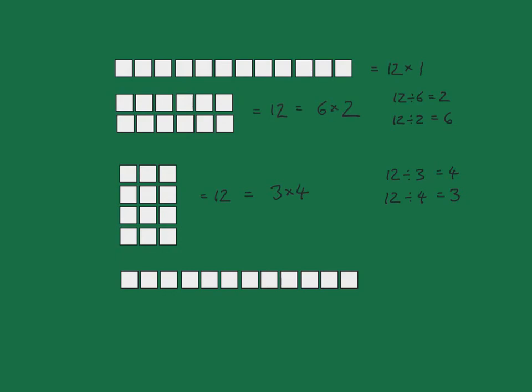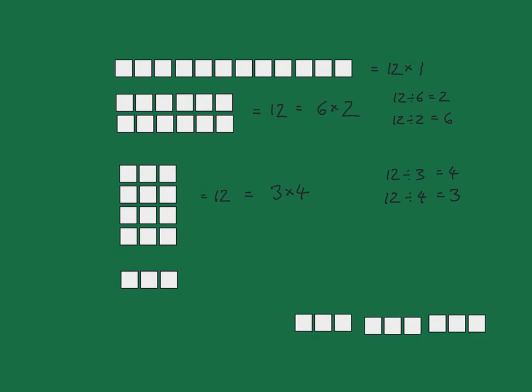So if we take our 12 original squares, we can also take away 3 at a time, like this. And we're left with nothing, and therefore that shows that 12 is divisible by 3.